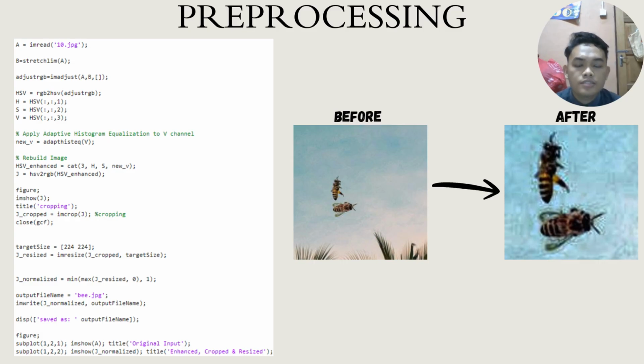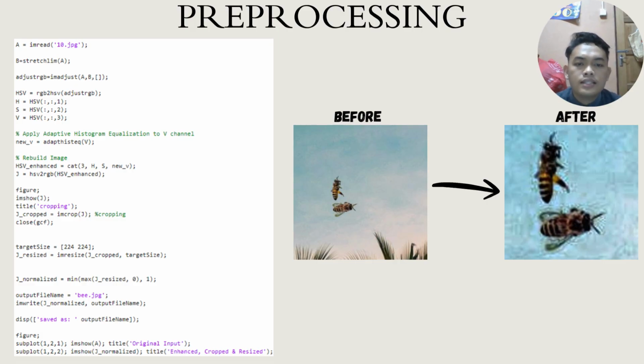After enhancement, we use cropping so that we can focus only on the important regions and remove unnecessary background. Then, we resize the cropped image to 224 by 224, so every image has the same square input size. This is important for consistent processing.